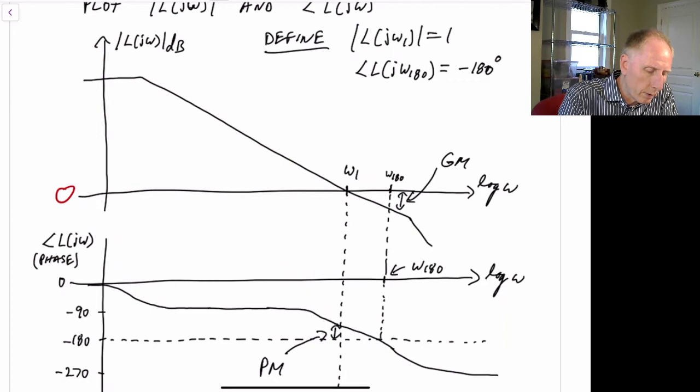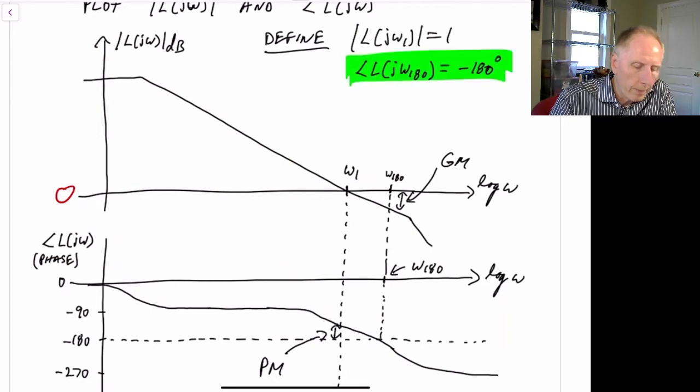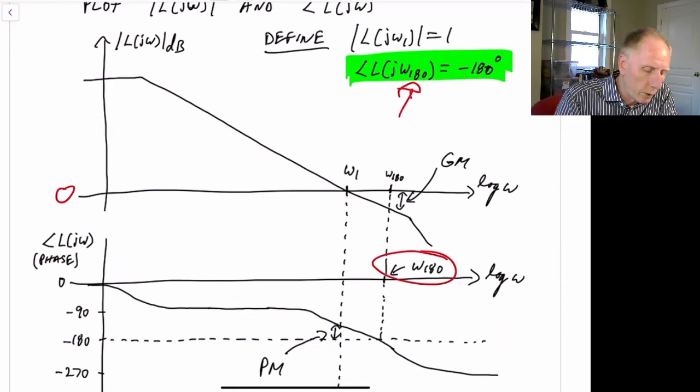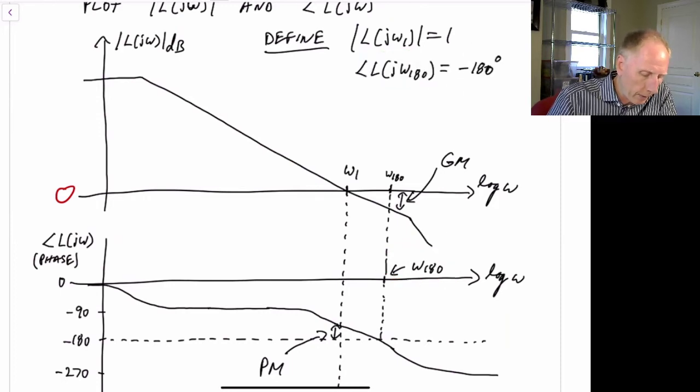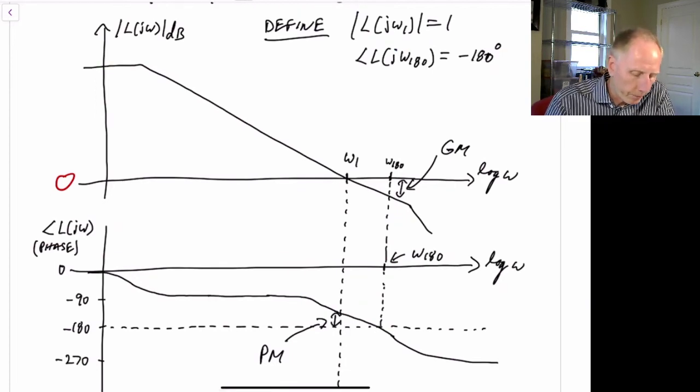We also define another term, where the phase of the loop gain is equal to minus 180. So where the phase, which is shown here, crosses minus 180, we'll define that as omega sub 180, given by this equation here. So we define two frequencies here. Now once we define those, we can define what phase margin and gain margin are.